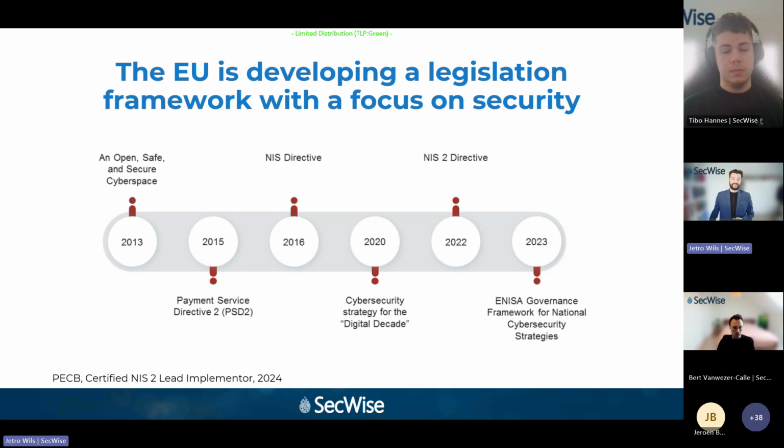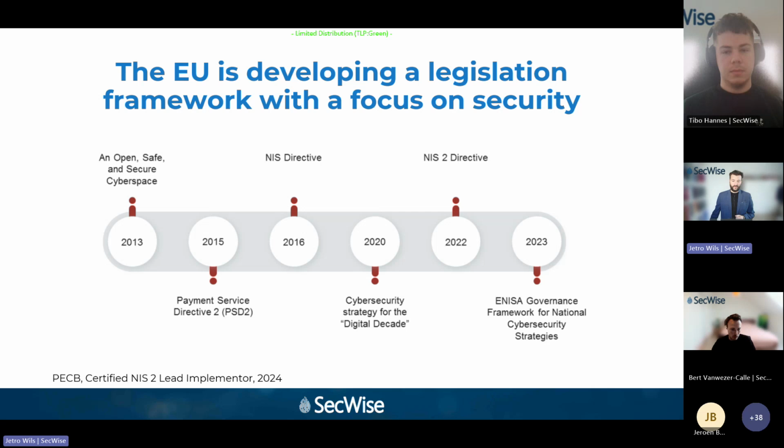And then in 2016, the first version of NIS came out, NIS Directive 1. We'll talk a little bit about that later. And then 2020, we have this cybersecurity strategy for the digital decade, another vision document from Europe, like where are we headed by 2030? Where do we plant a flag on cybersecurity? And then in 2022, NIS2 directive was published, which we'll talk about today, of course.